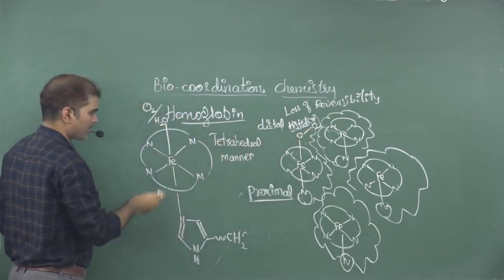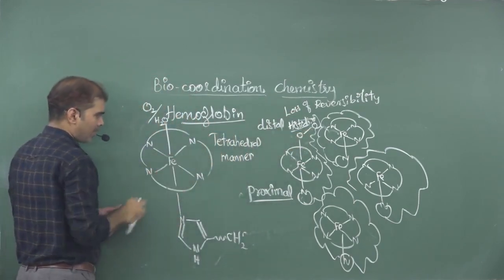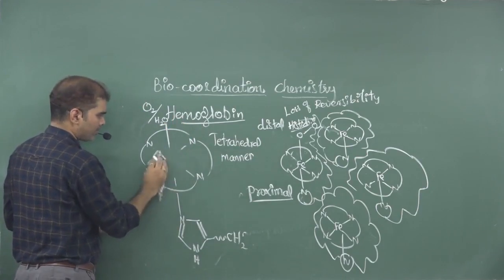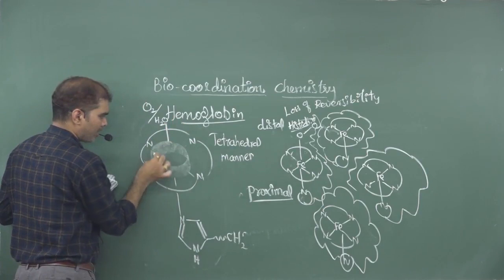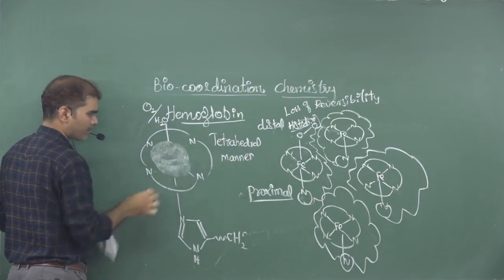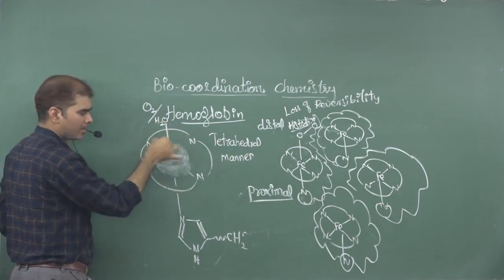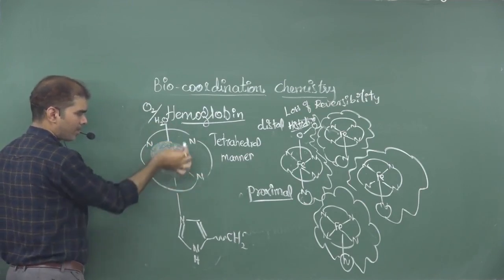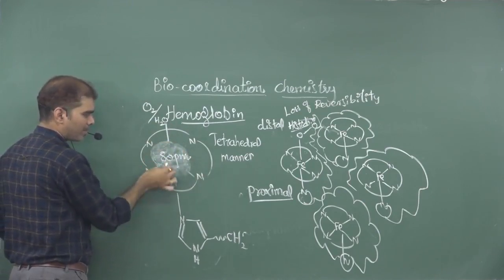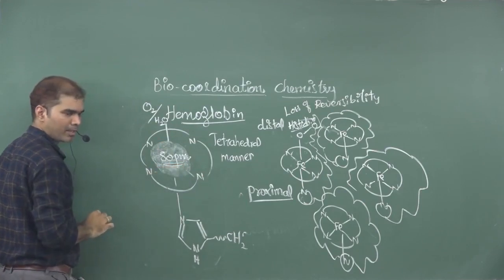Next. When this iron is not present, today you just understand most of the part. Can you see some space? There is some space, and this core or hole is around 80 picometer.